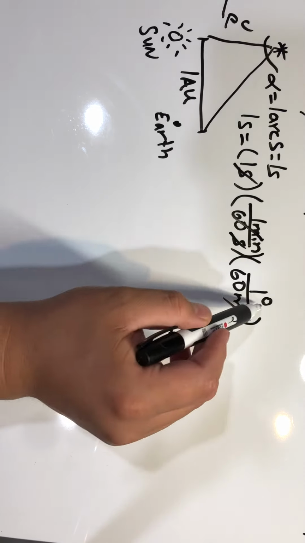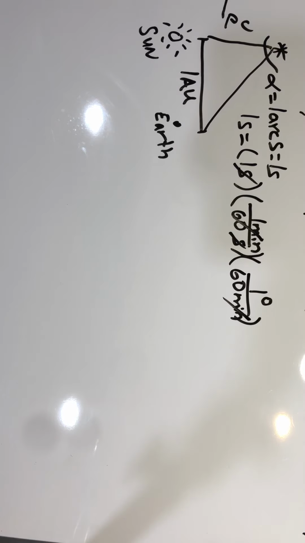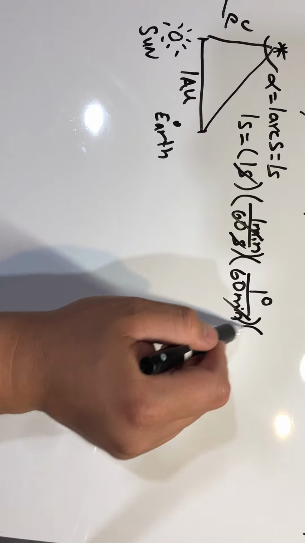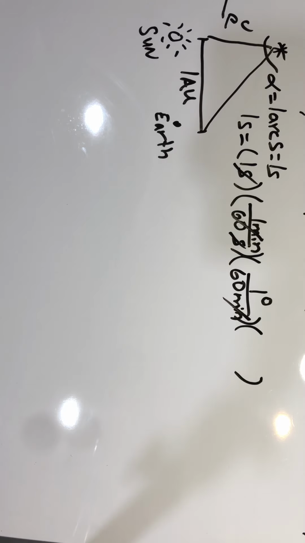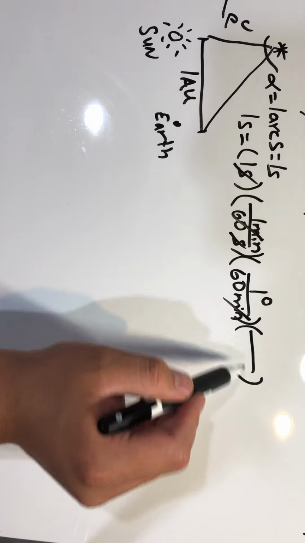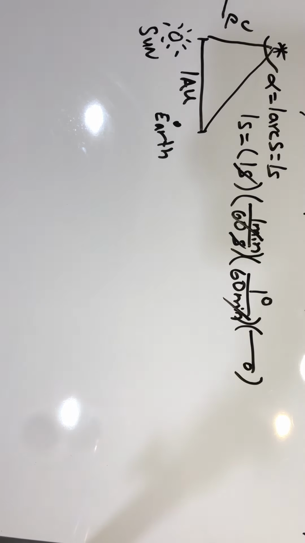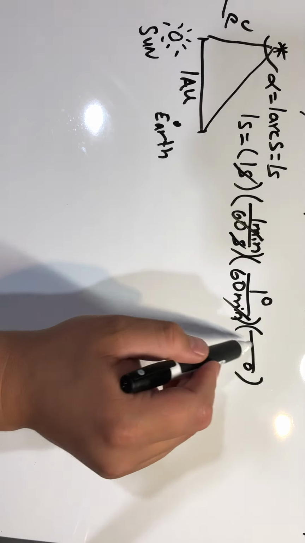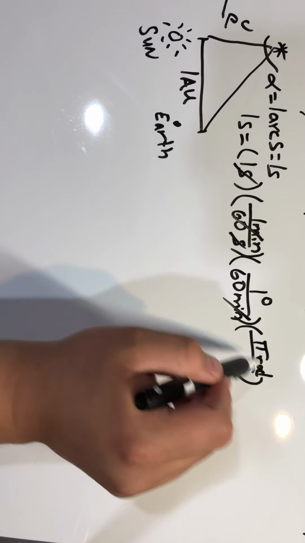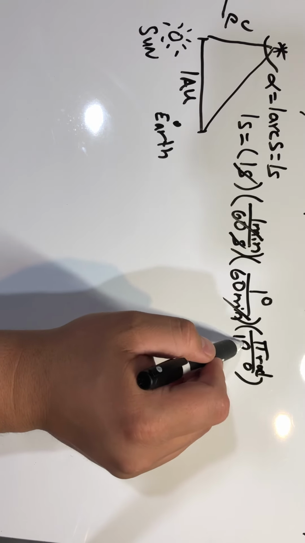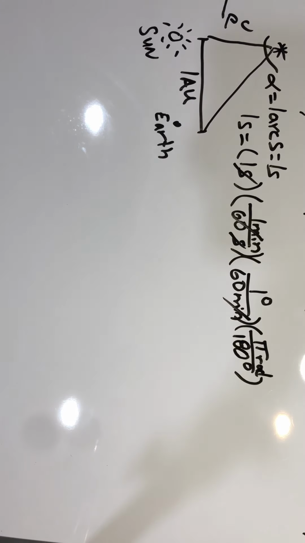That's what the circle stands for, degree. But I'm still not finished. I still got to go to radians. So there's another fraction. I stop doing fractions once I end up with what I want, and what I want is radians. So there's going to be a fraction again, and degrees is going to be at the bottom. And I know that pi radians is equal to 180 degrees.